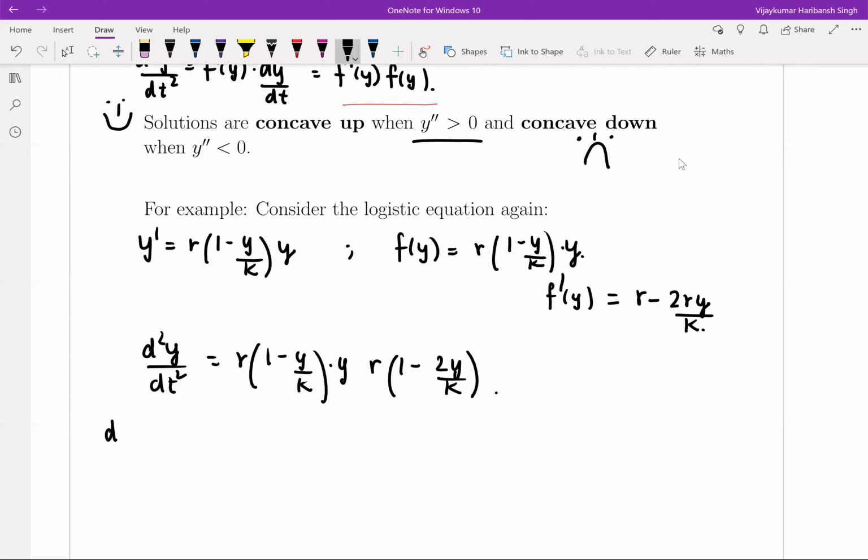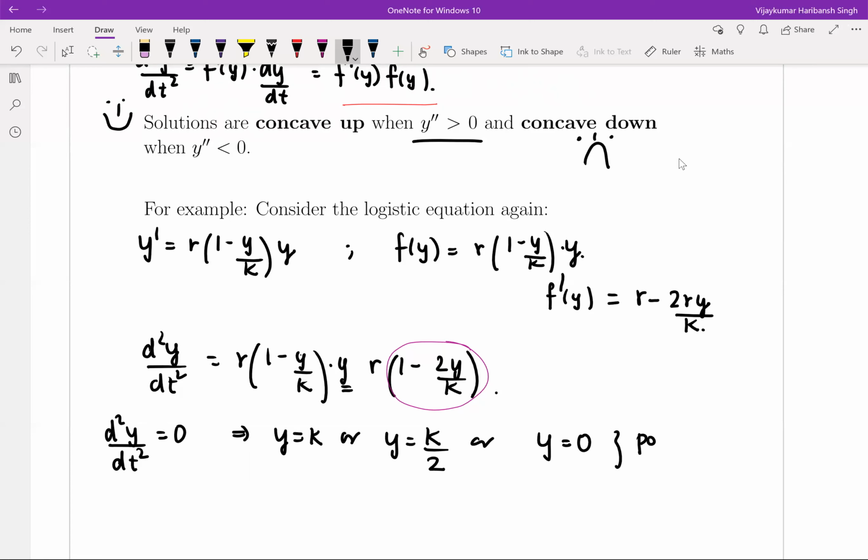So d²y/dt² equals 0 implies either y equals k, or from this part y equals k/2, or from the third part y equals 0. So these are the possible inflection points.